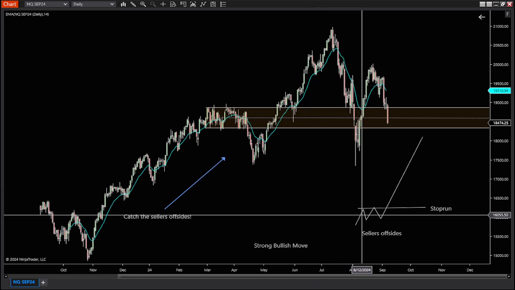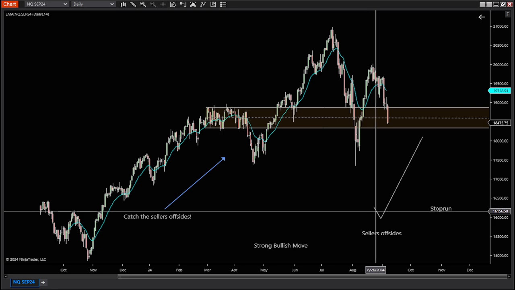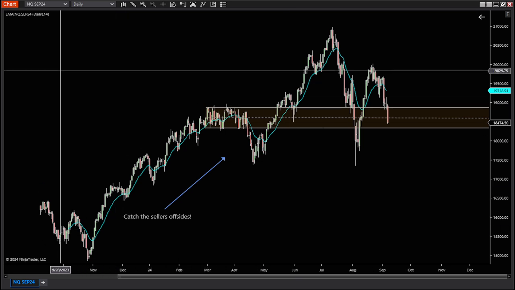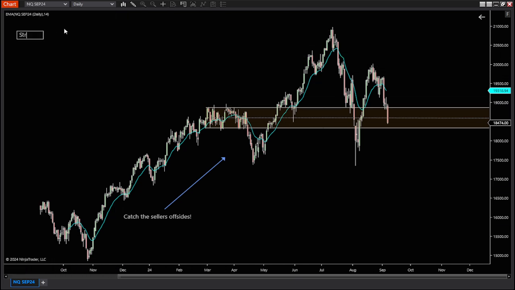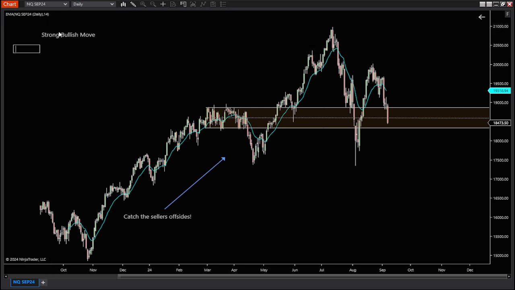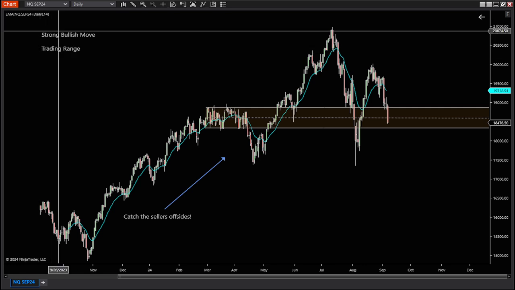So we need to get rid of this stuff, right? So let's draw this here. We're going to look for a strong bullish move. Then we're going to look for a trading range.